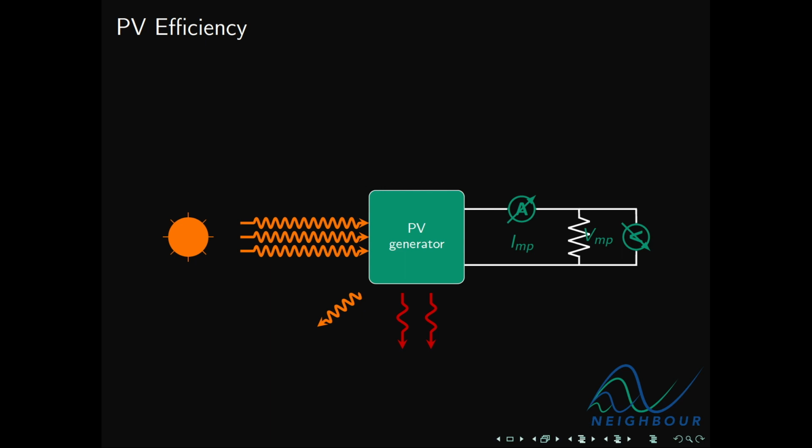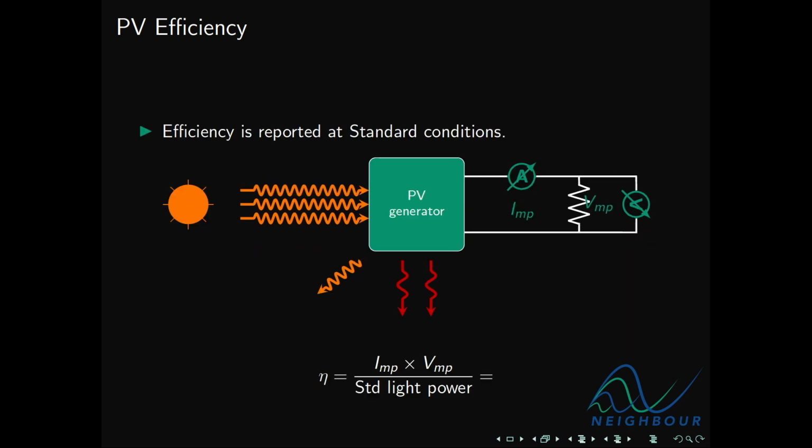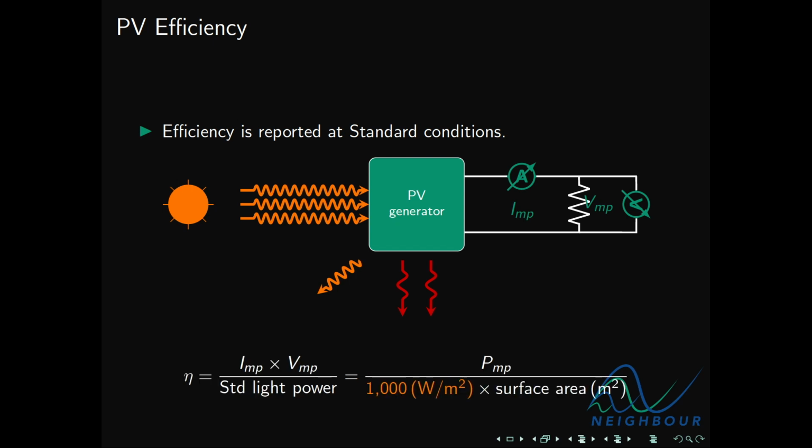As you can see here, the current and voltage outputs are IMP and VMP. So to calculate the standard efficiency of a PV generator, really all you have to do is divide its nameplate power by 1,000 multiplied by its surface area, because its nameplate power is its output at STC and 1,000 is the light intensity at STC.